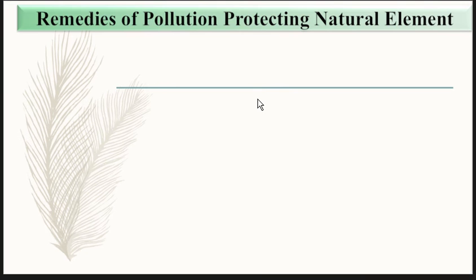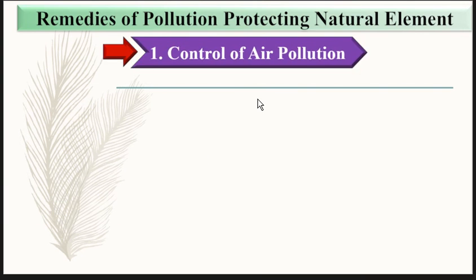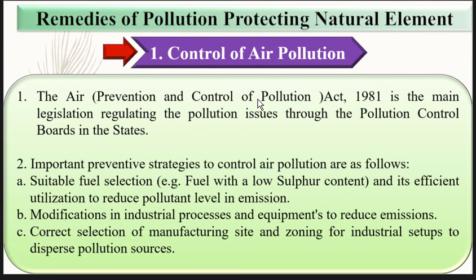So the first type of pollution is air pollution, and the remedies for air pollution: first is the Air (Prevention and Control of Pollution) Act 1981, which is the main legislation regulating pollution issues through the pollution control boards in the states. Next remedy for air pollution: important preventive strategies to control air pollution are as follows.